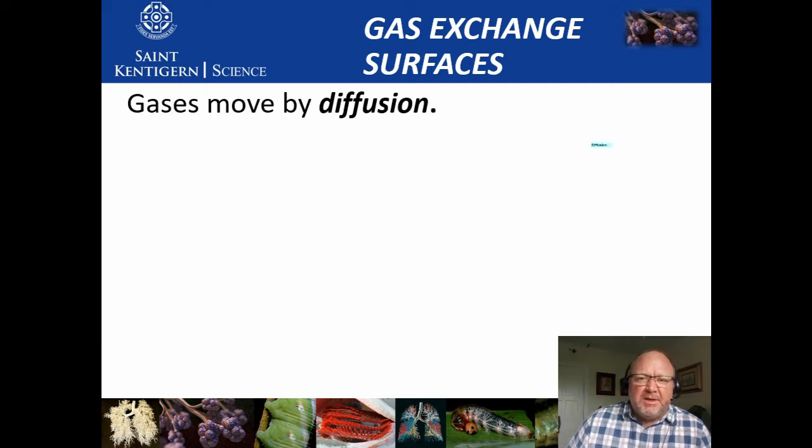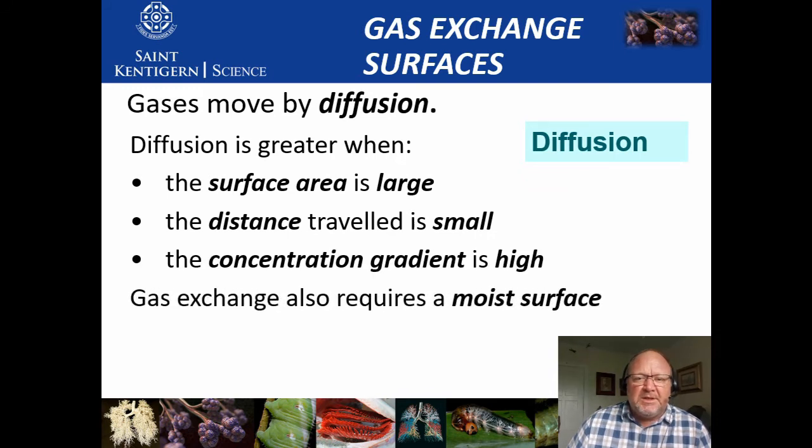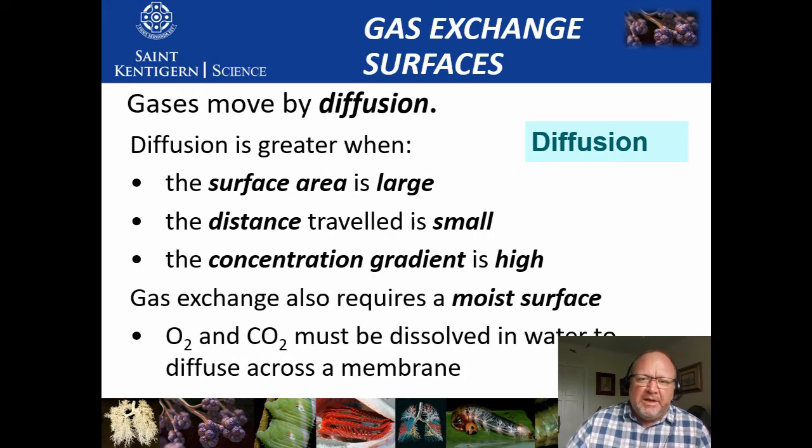Anyway, just to remind you, the things that make our gas exchange effective: we have to have a large surface area, the distance traveled has to be small, the concentration gradient has to be high, and also moisture.